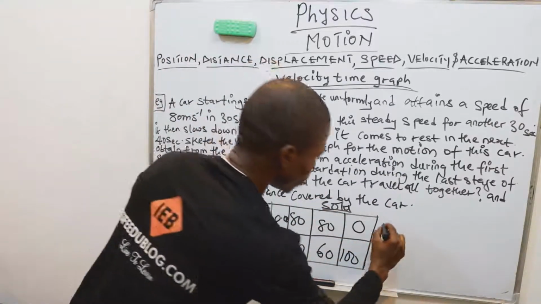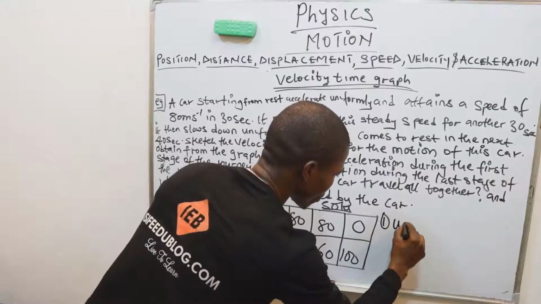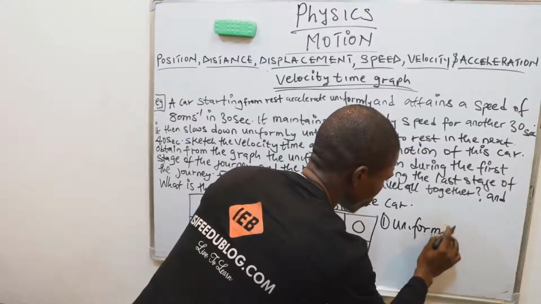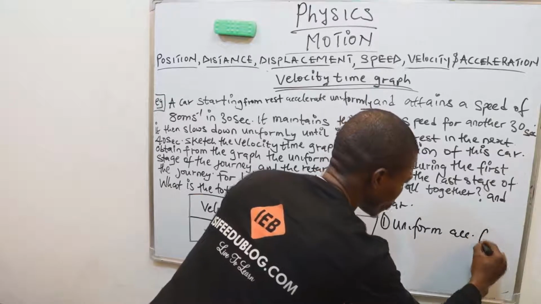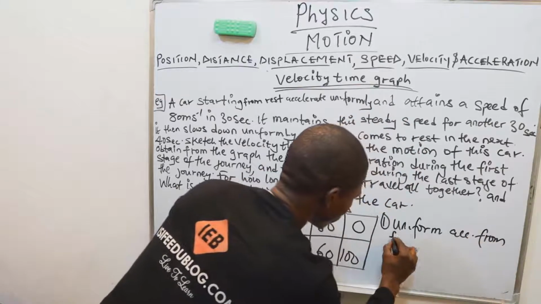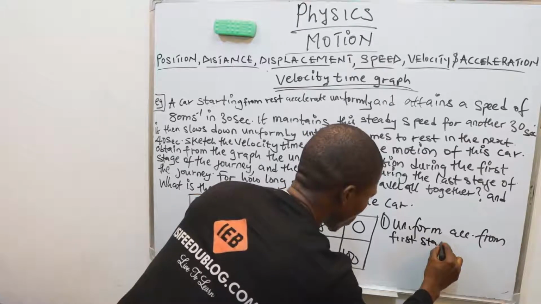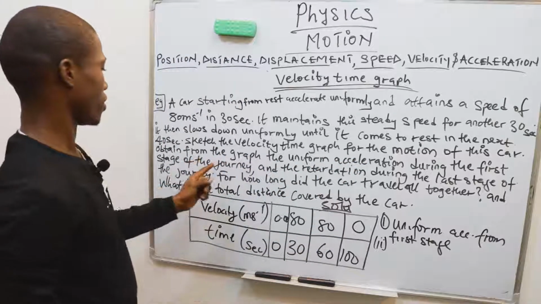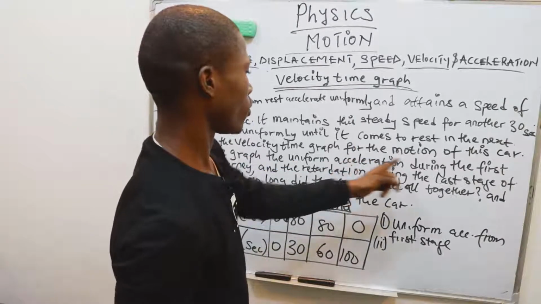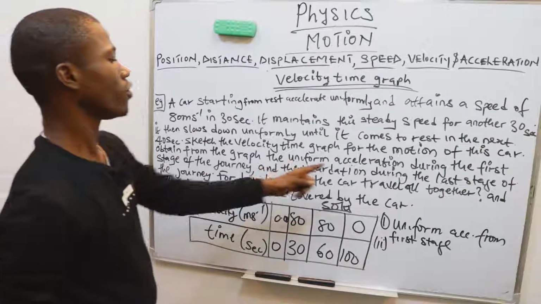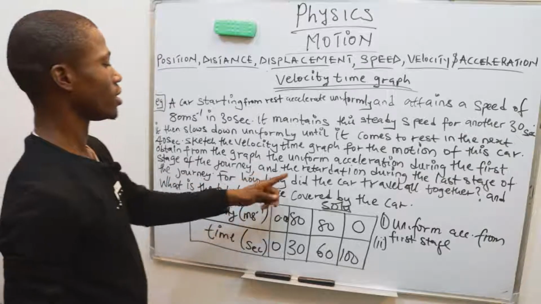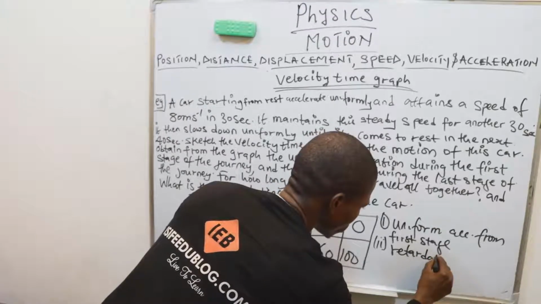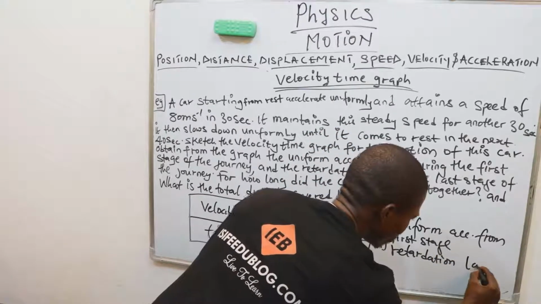The second part of the question says, for the motion of this car, obtain from the graph the uniform acceleration during the first stage of the journey and the retardation during the last stage.